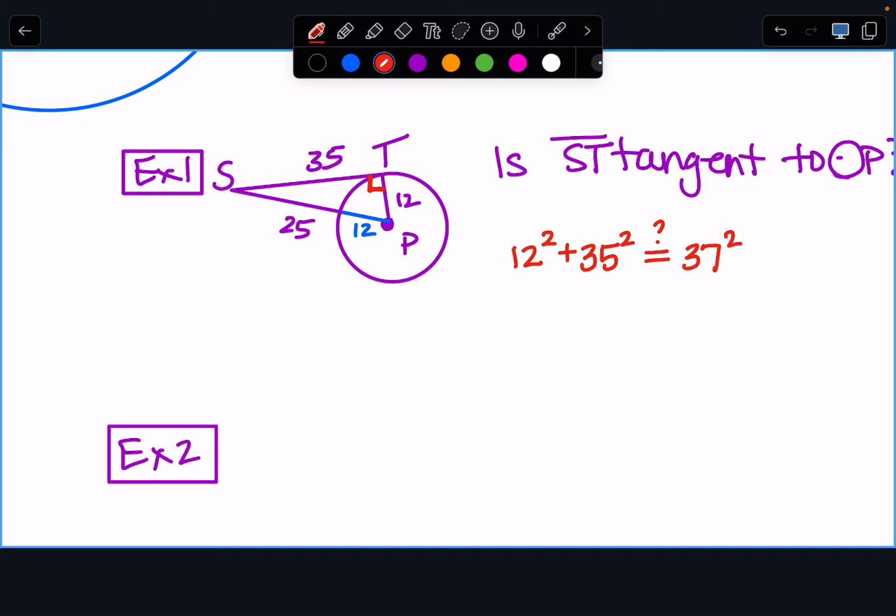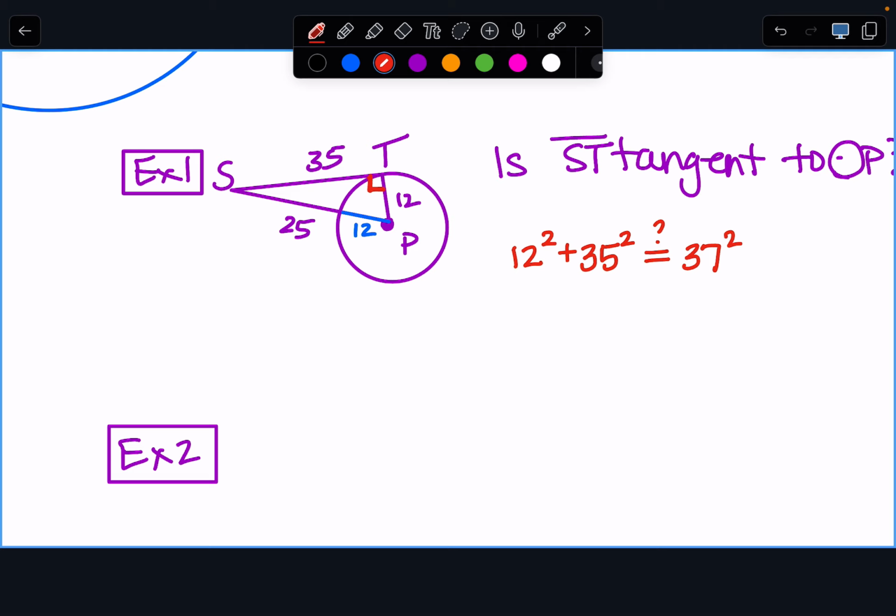Because this is 25 plus our radius of 12. Can somebody tell me what 12 squared plus 35 squared is? All right, so who's my calculator?